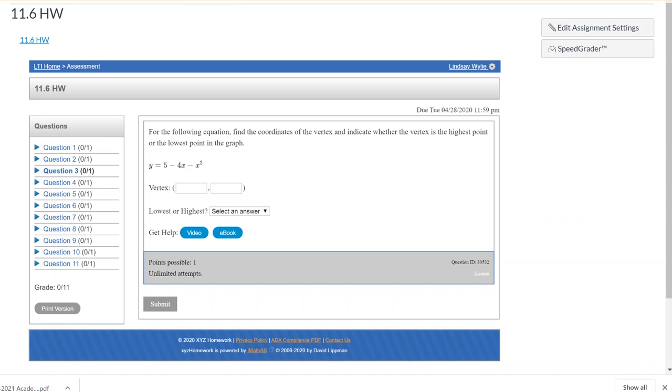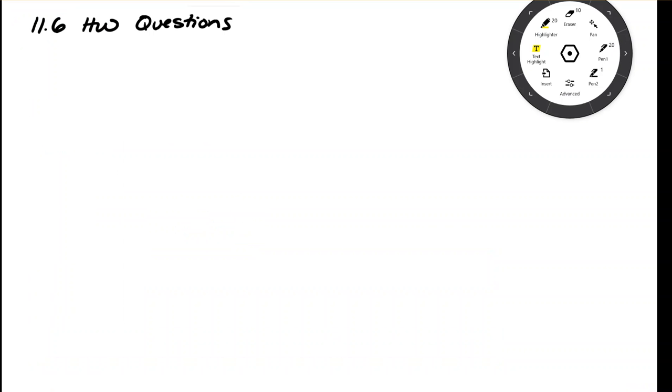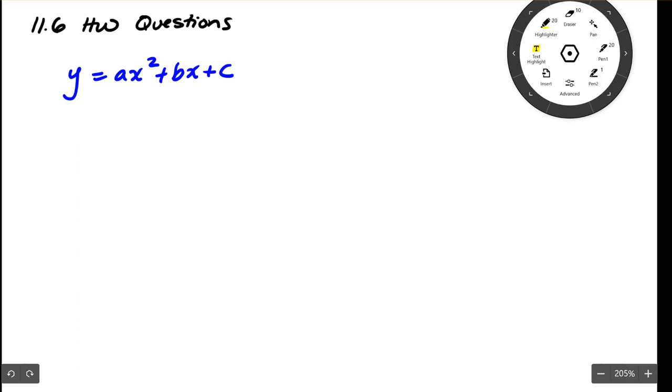All right, so I'm going to do question 3. We're going to find the vertex for this parabola and say whether or not that vertex is a highest point or a lowest point. All right, so what we've learned is that formulas like this take the following shapes.